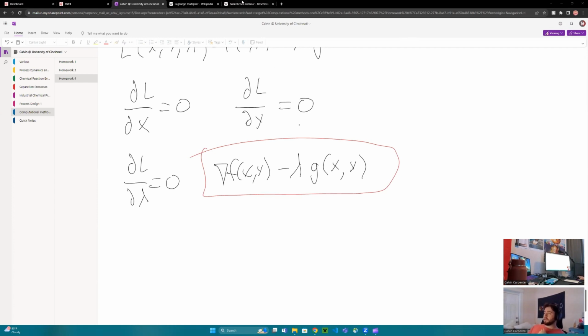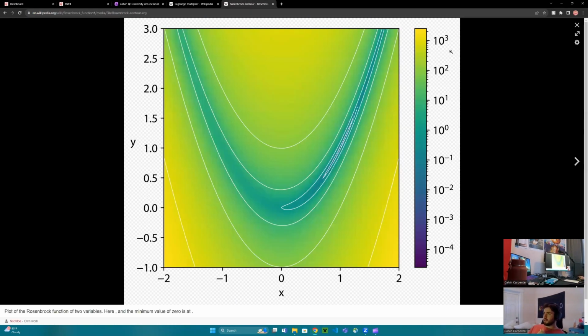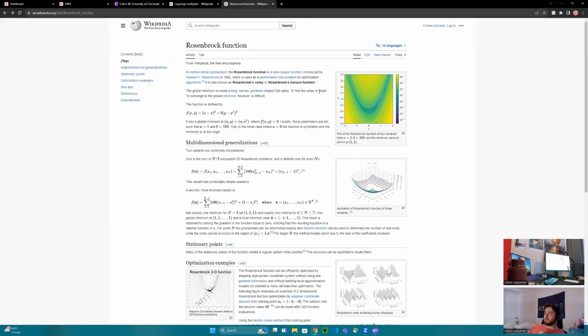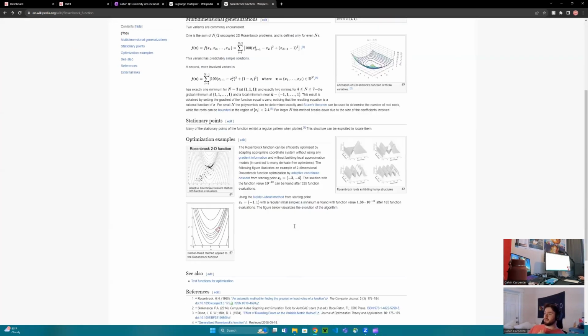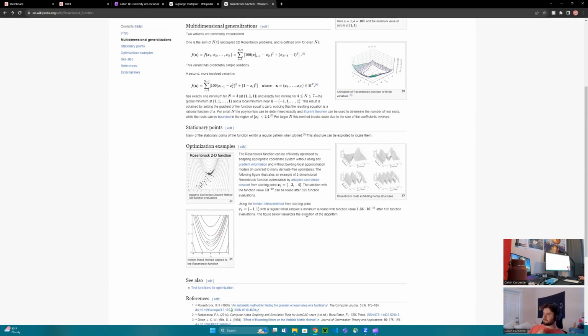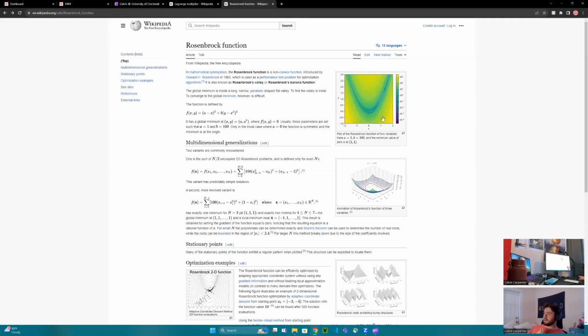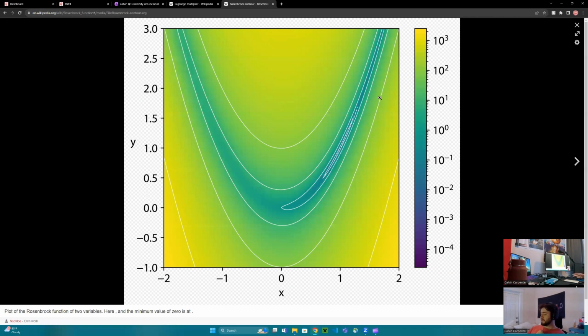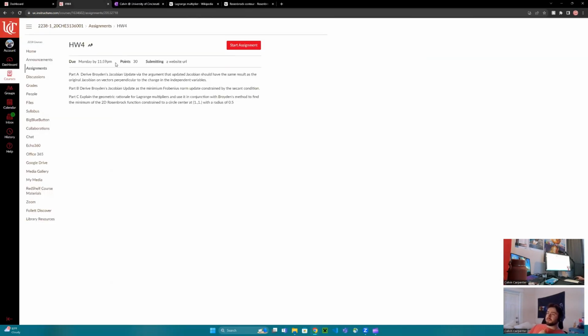So now if we look at the Rosenbrock, this is just the Rosenbrock function Wikipedia page that I found. Basically, it helps us find minima. So in our problem statement, it was defined that the Rosenbrock function was constrained to a circle around center 1, 1 and radius 0.5.